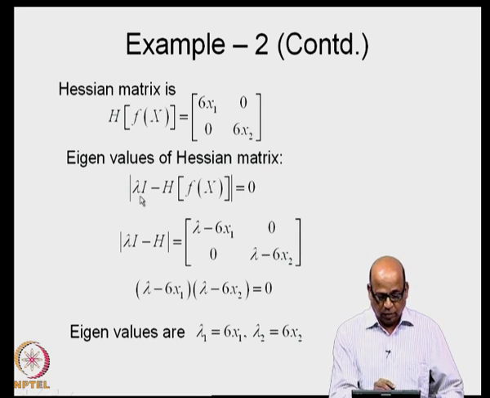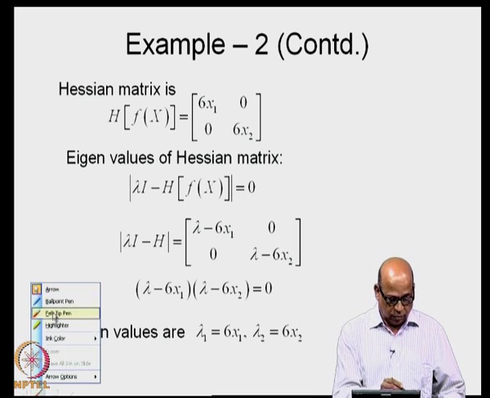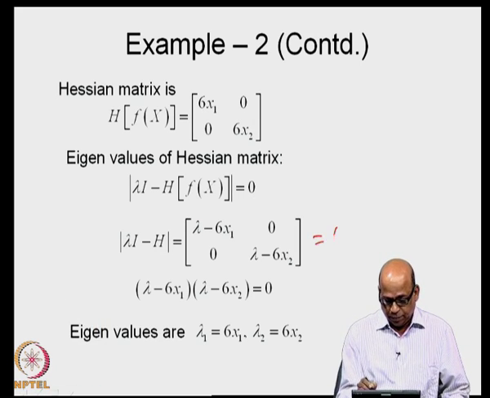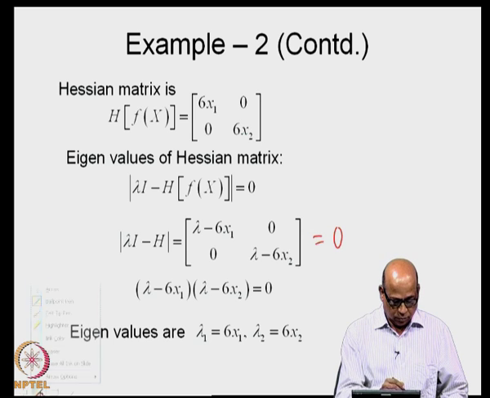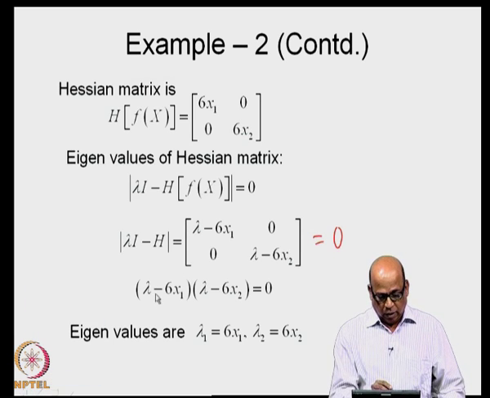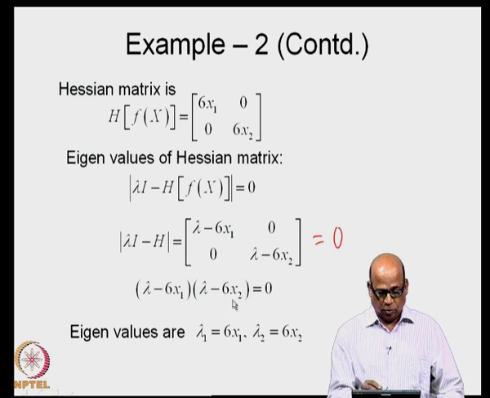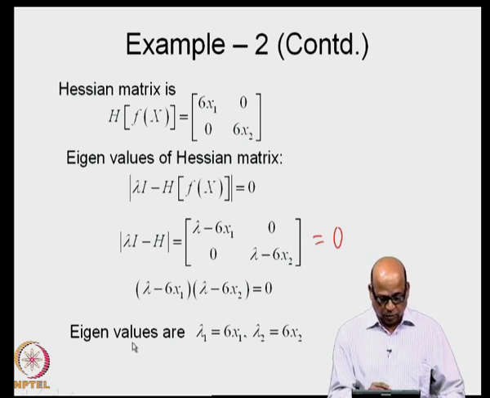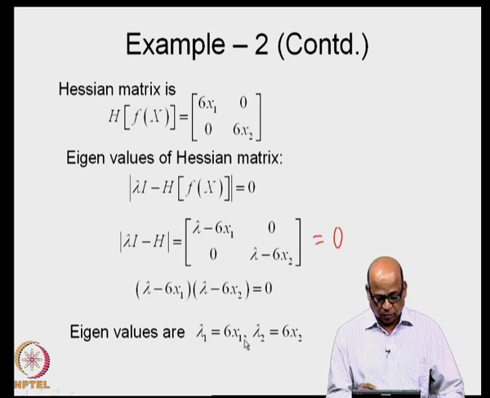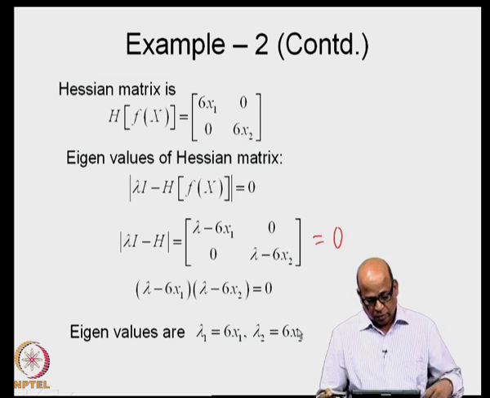Eigenvalues we determine from the determinant of lambda I minus H, which is lambda minus 6 x1, 0, 0, lambda minus 6 x2, and we set this equal to 0. And we get the solution lambda minus 6 x1, lambda minus 6 x2 is equal to 0, which gives values of lambda 1 is equal to 6 x1 and lambda 2 is equal to 6 x2.